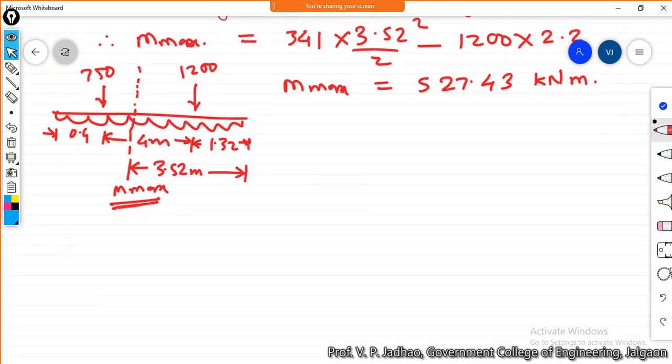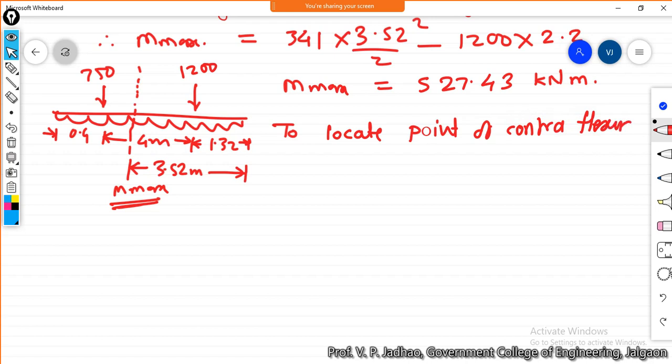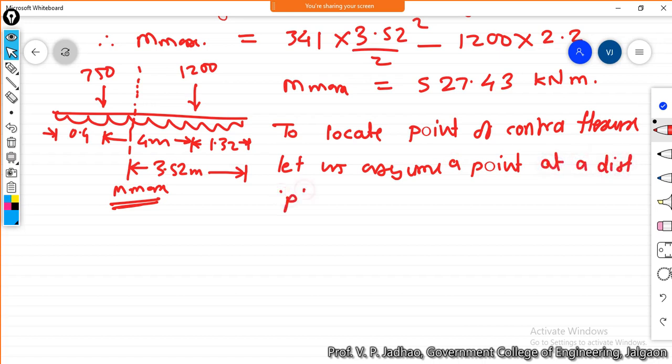To locate the point of contraflexure, let us assume a point at a distance small p from the right end, where the bending moment is 0.